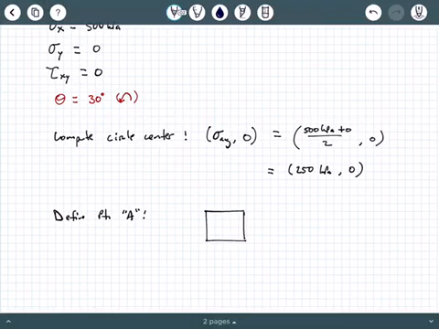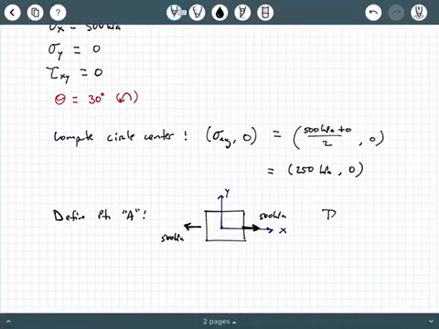The next thing we did was define a point that we called point A in the previous background video. In order to define point A, we looked at the element as it originally is, and we put on our local and global axes, which looked like this.